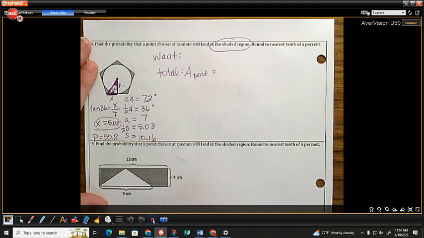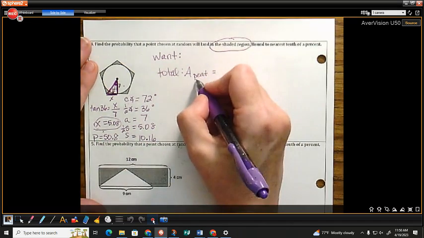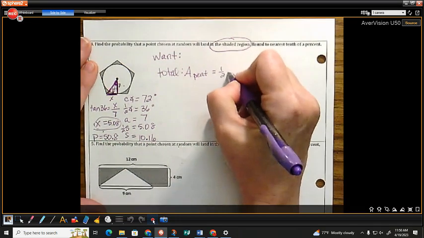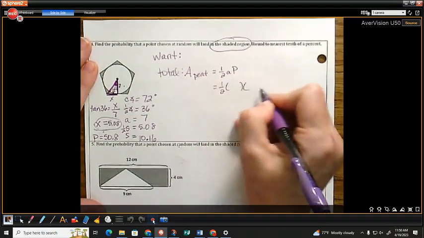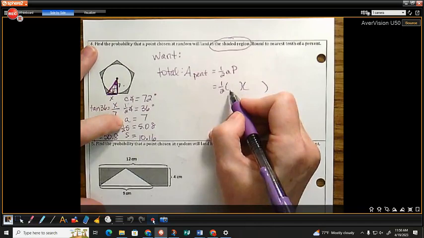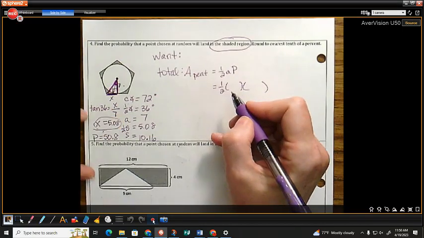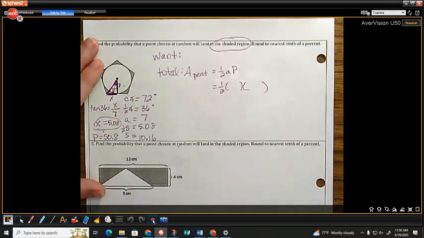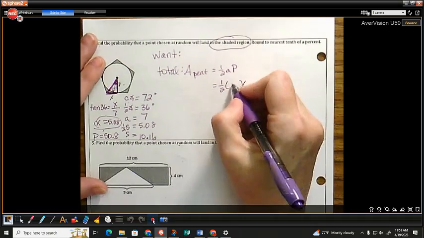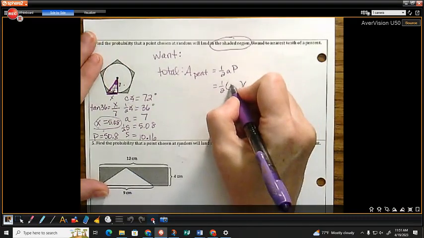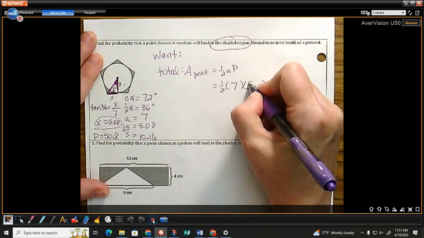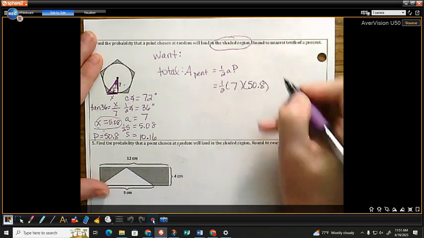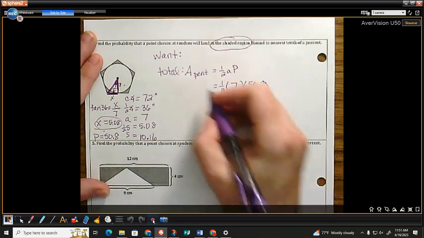Okay. So to find the area of my pentagon, that's 1/2 a p. Do I have all the pieces I need now? X is 5.09, okay, close enough for government work. My apothem was 7. My perimeter is 50.8, round, whatever.